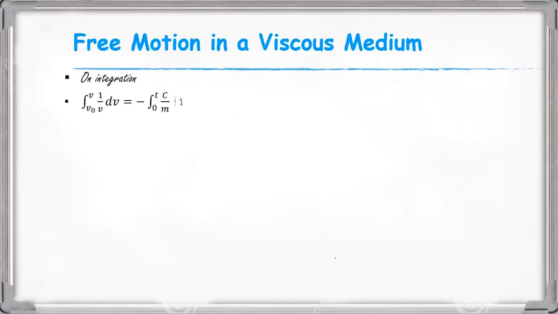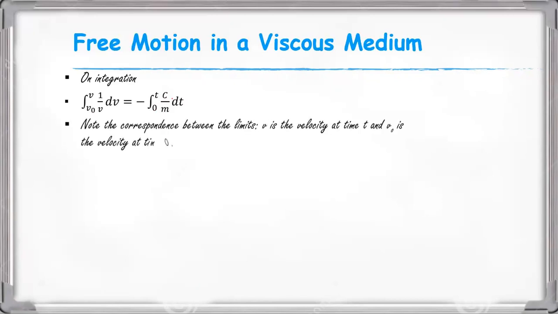This is written here. Integral from v0 to v of 1 by v dv is equal to minus integral from 0 to t of c by m into dt. Note the correspondence between the limits: v is the velocity at time t, and v0 is the velocity at time 0.